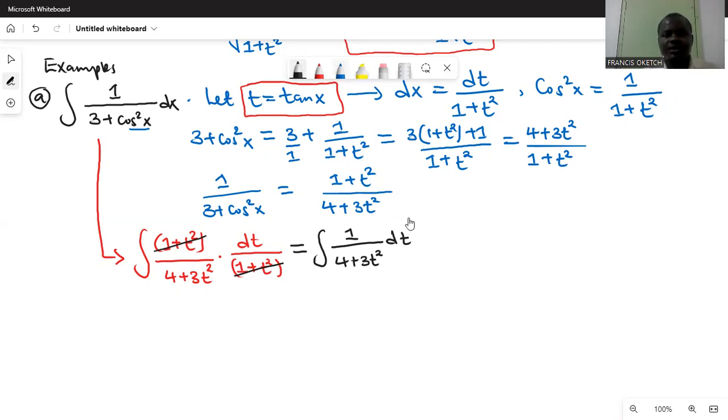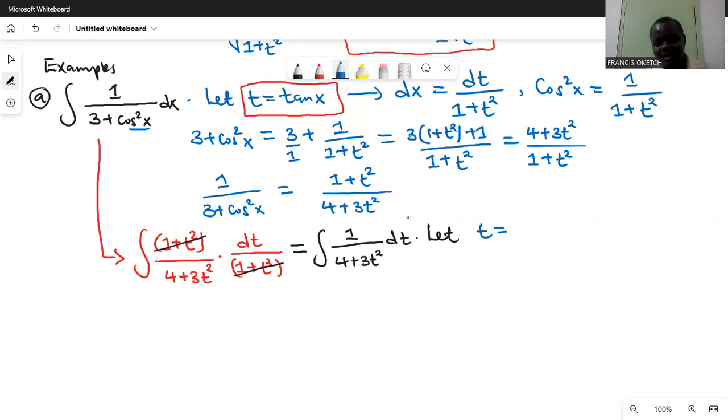So we are going to say that let, me write it down. Just a minute. You're going to say let root 3t, or simply let t be equal to, remember it is a tan theta.